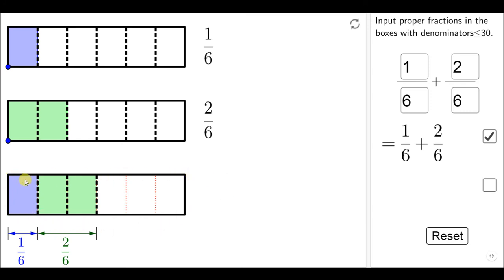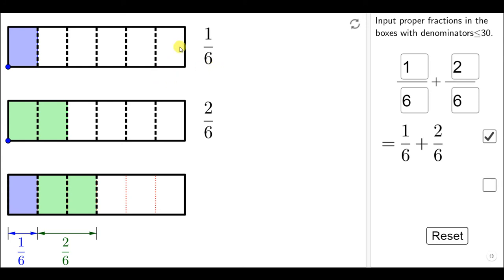You have 1, 2, 3 parts out of 1, 2, 3, 4, 5, 6 equal parts. That means this should be 3/6, right? That's why when we imagine and visualize what a fraction means, we can easily understand why we don't add the denominators.